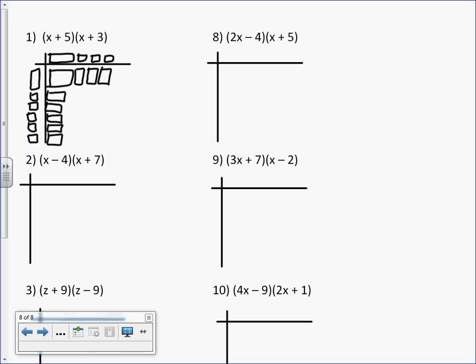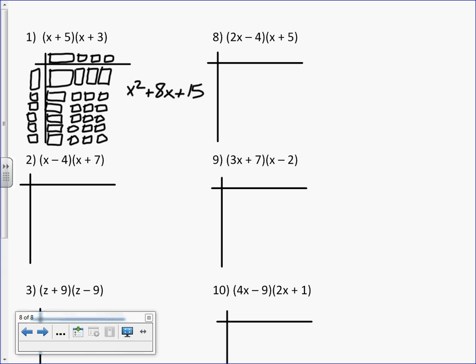And then I have all of these 15 little squares that you want to draw in. If I can do it, so can you. Some of my squares look a little strange, but that's okay. They don't have to be perfect. So I end up with an answer of x squared plus 8x plus 15.